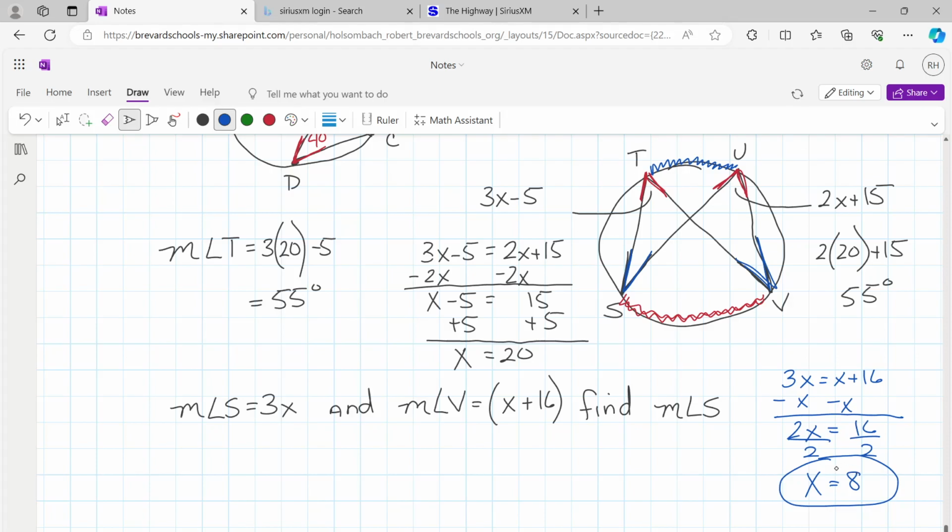So if our x is equal to 8 and the measure of angle S equals 3x, then the measure of angle S is equal to 3 times 8, which is 24. And if we needed to find the measure of angle V, we would say 8 plus 16, and that's equal to 24 as well. So our math is correct, and we know both angle measures.